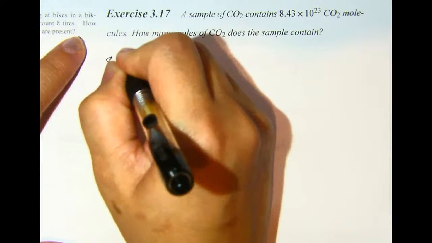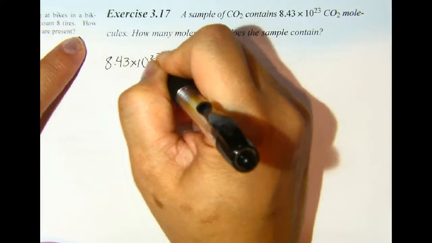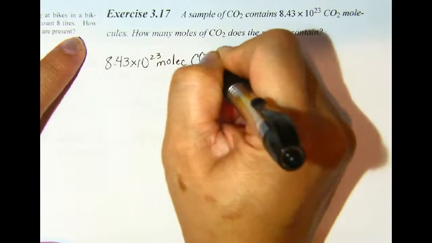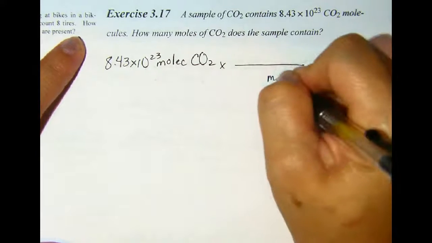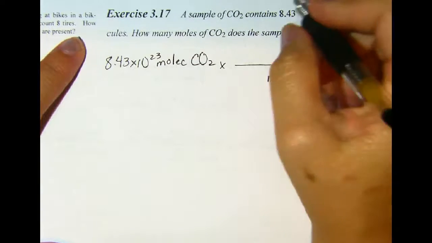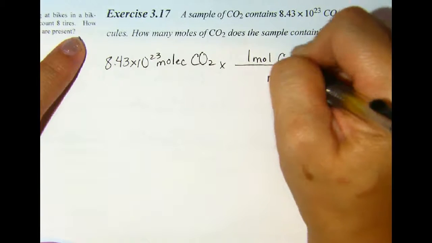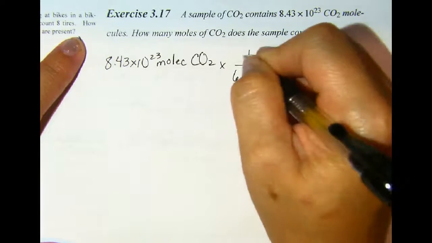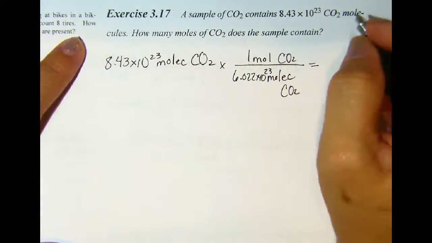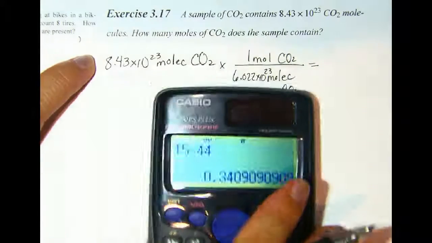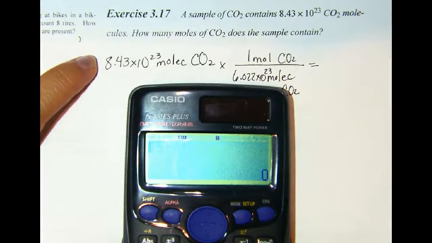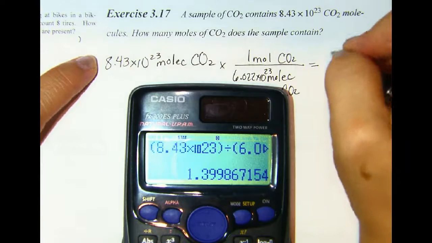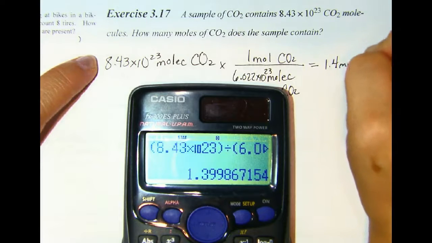So we'll take 8.43 times 10 to the 23rd molecules of CO2 times, draw a line, and to get from molecules of CO2 to 1 mole of CO2, I just use Avogadro's number. 6.022 times 10 to the 23rd molecules equals 1 mole of CO2, and then multiply, 8.43 times 10 to the 23rd, I'm going to put it in parentheses, and then hit divided by, open parentheses, 6.022 times 10 to the 23rd, and this will give me 1.4 moles of CO2.